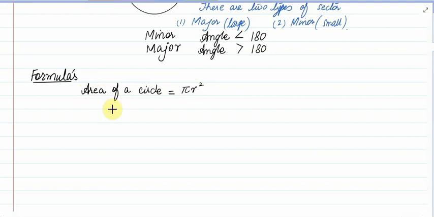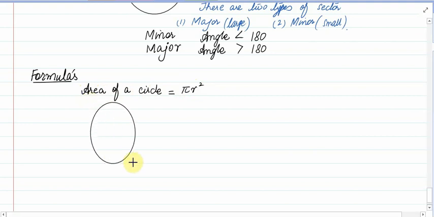And to demonstrate it better, I'm just drawing the circle, right? So that is a circle and its area is pi r square. And what is a sector? We had discussed just earlier that a sector is a part of a circle, right? That is a sector. So that means in a sector area working formula we have this pi r square.